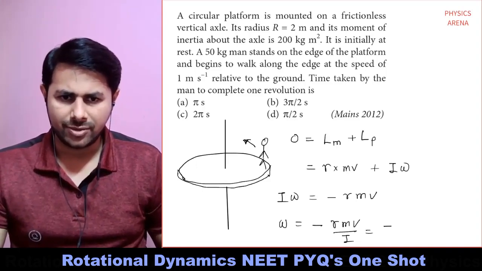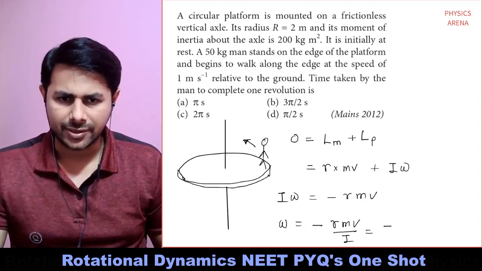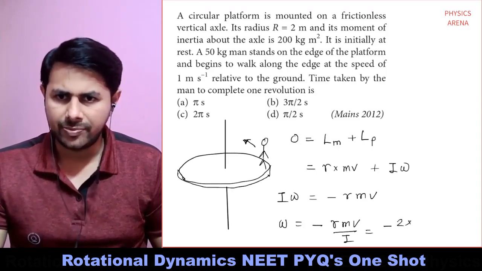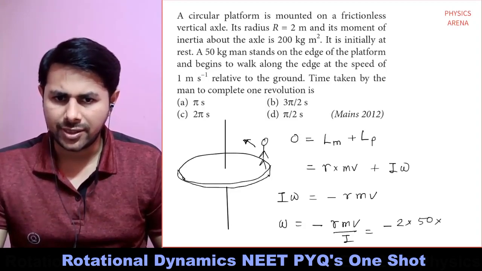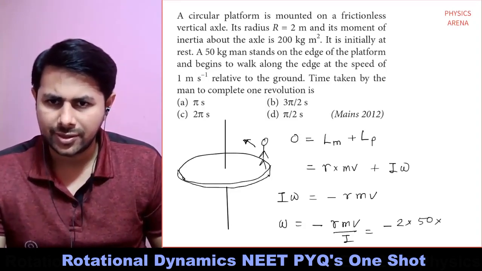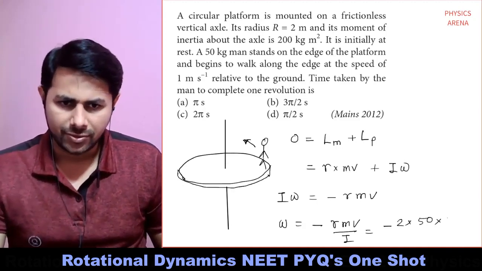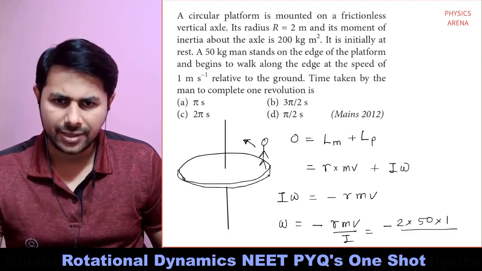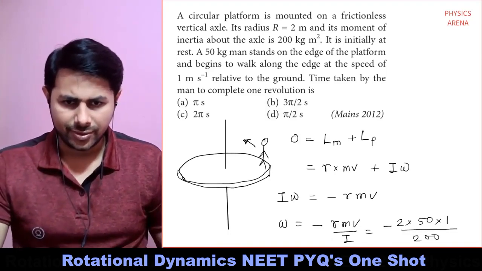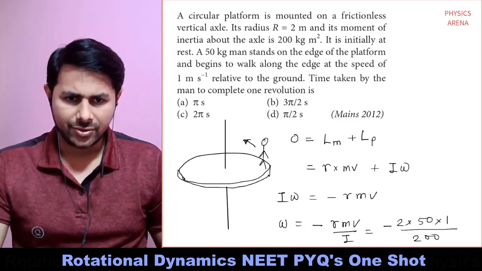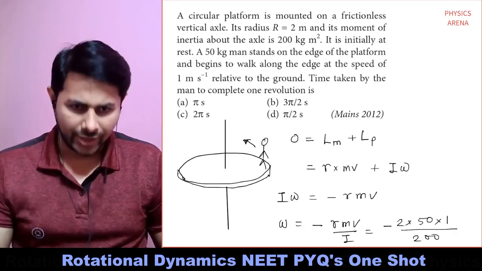So now we can substitute the values. R is 2 meters. M is 50 kg. And he is moving with the velocity of 1 meter per second. So 1 divided by I, which is 200, it's given. So we get 2 into 50 is 100, 100 divided by 200 is 1 by 2.